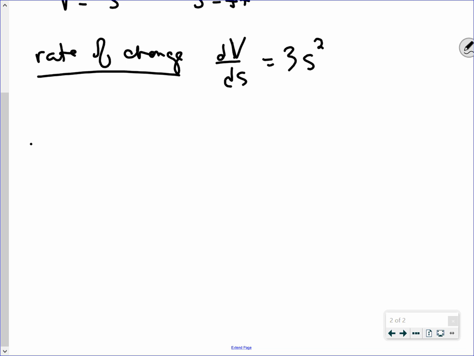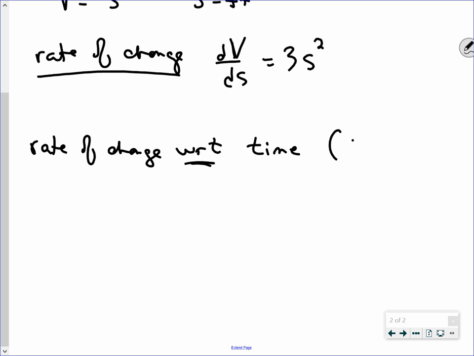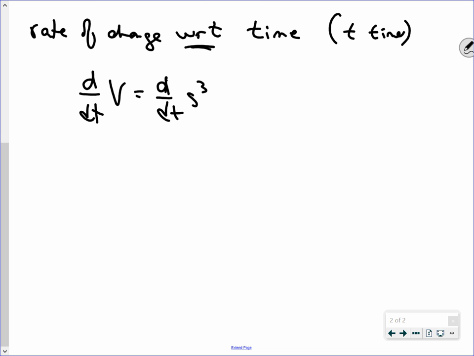But more and more, you're going to have to take the rate of change, which is the derivative, with respect to, is everybody okay with that? With respect to time, and so I'm going to use t for time. Then that means I'm asking you to take the derivative with respect to time of V, and take the derivative with respect to time of s cubed, taking the derivative of both sides.